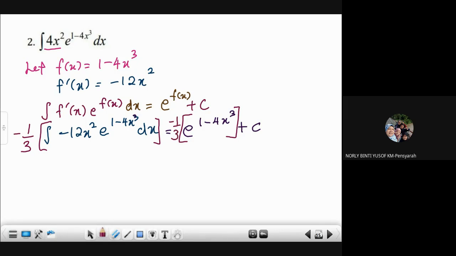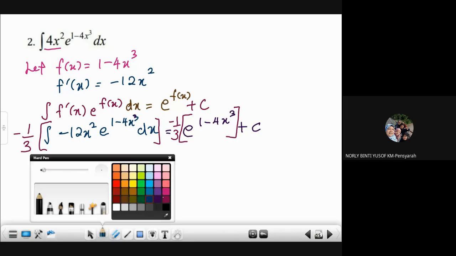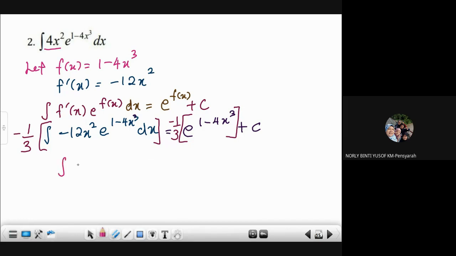Adjustment ni macam mana you learn in the process of integration as an antiderivative. Sama. Sebab soalan ada 4x kuasa 2 sedangkan you ada negative 12x kuasa 2. So you nak dapat dia punya soalan. So 12 bahagi 3 kan 4, negatif kan positif. So you akan dapatlah here integration 4x squared, e power of 1 minus 4x power of 3 dx.